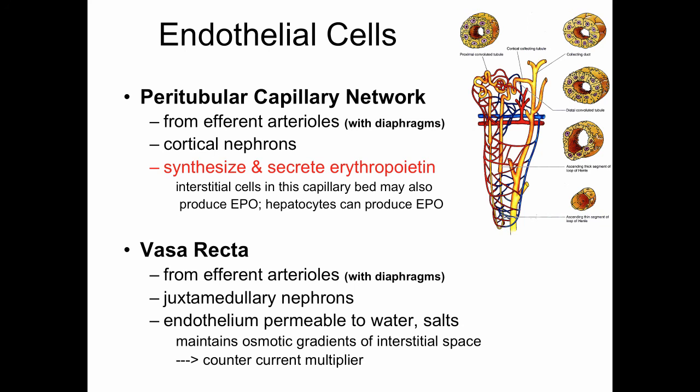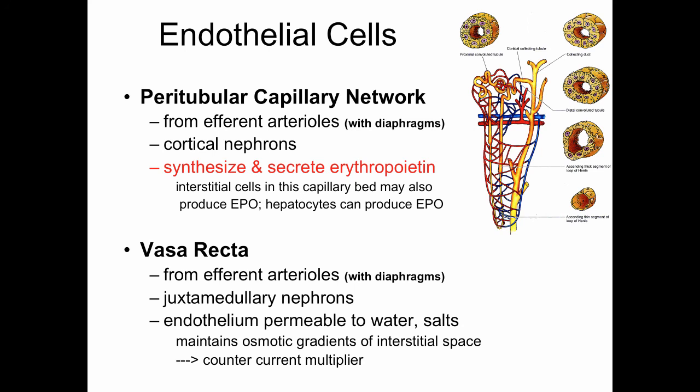These endothelial cells synthesize and secrete erythropoietin. It's also thought that interstitial cells in this capillary bed may also produce erythropoietin, and hepatocytes may also produce some erythropoietin. But remember, erythropoietin is a hormone that stimulates red blood cell production. Again, an important clinical concept here.